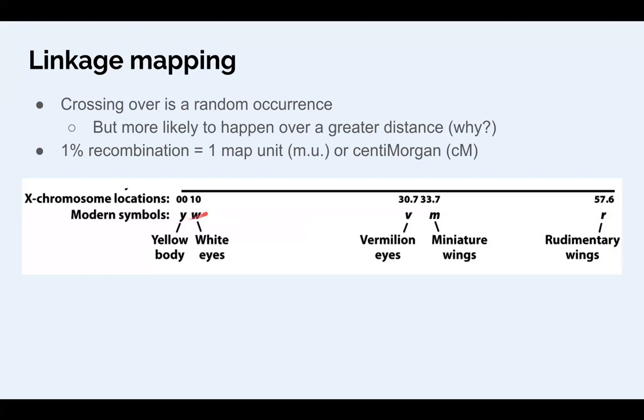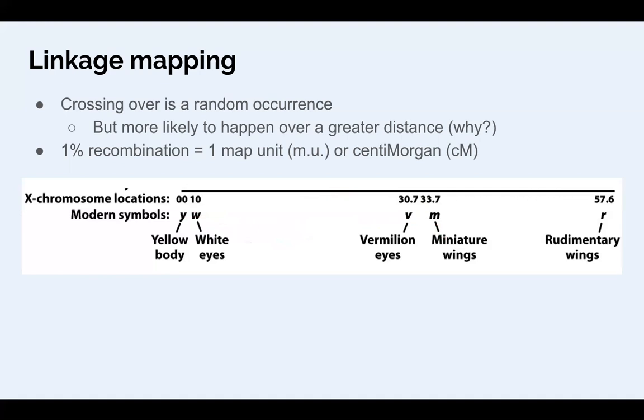So 30%, that's fairly likely for crossing over. But if you had vermilion-eyed fruit flies and miniature wing fruit flies, you would see that the crossing over between them is only about 3%. So much less likely. 3 out of 100 offspring would show evidence of this crossing over.